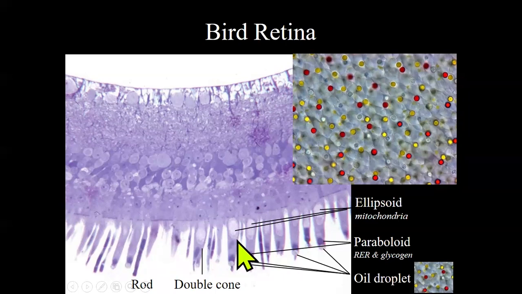Why then is it an advantage to the cone to have a very short outer segment? The cone is functioning when there's plenty of light in the daylight. The amount of light available to the cone is unlimited. It doesn't have to worry about that. What it has to worry about is making the correct decision. If they've got red light, it's going to respond appropriately within the retina to signal a red light.